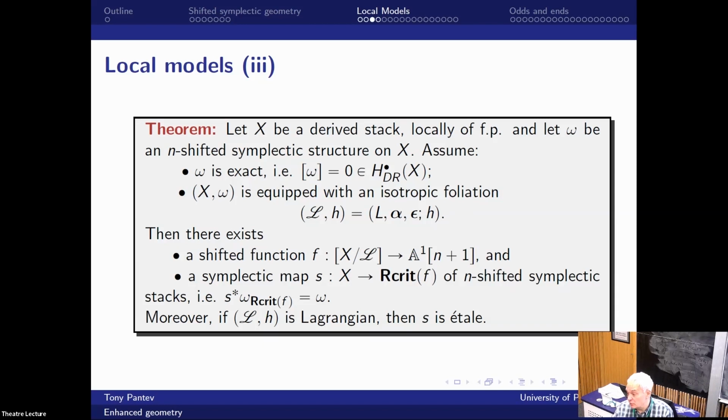So singular foliations are certainly examples of that, but these foliations are given essentially by a sheaf of L infinity algebras mapping to your tangent complex as a sheaf of L infinity algebras. And there is no notion of the map being injective or anything like that. And so the only condition is there is some local finite presentation condition that says that the corresponding sheaf of L infinity algebras is perfect. Some local triviality conditions.